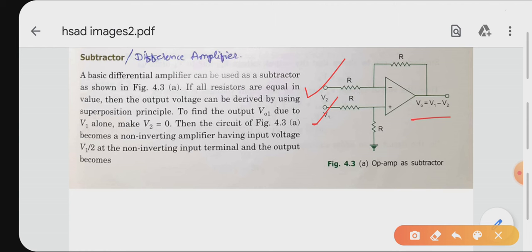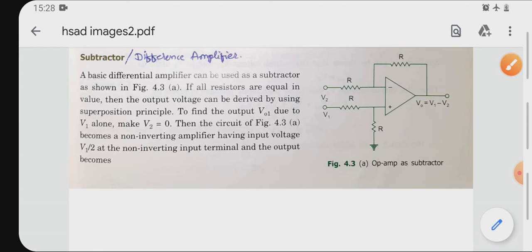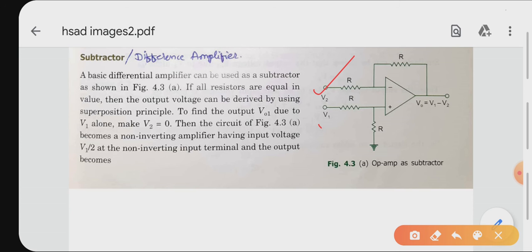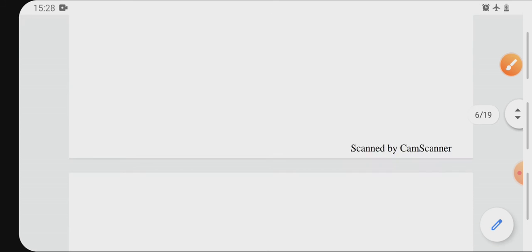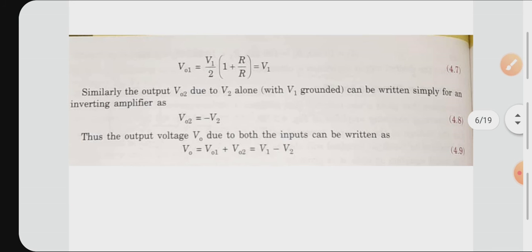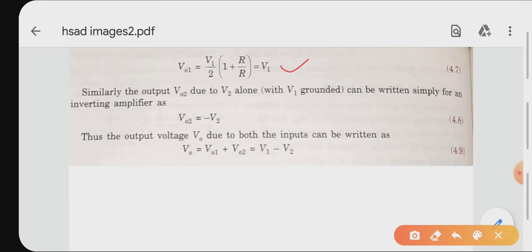So you can analyze this as well by using the superposition theorem. To find VO1 due to V1, just consider V2 is equal to 0, right? So making V2 0, by considering this first case VO1 when V1 is applied, you will get V1 by 2 into 1 plus R by R is equal to V1. Okay, so VO1 you will get as V1.